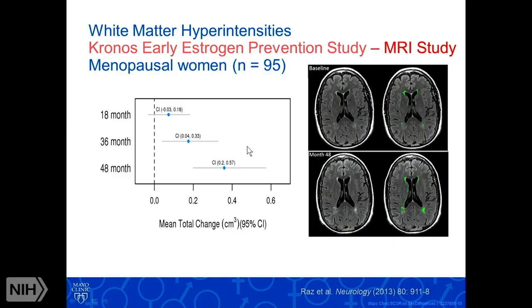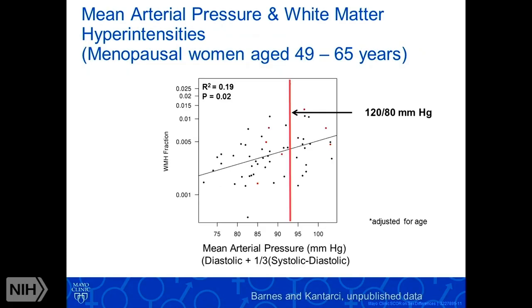The other amazing thing within this study, the Kronos Early Estrogen Prevention Study, was that these women were screened for their pre-existing cardiovascular risk factors, all of which were within the normative range. These were women at low risk for cardiovascular disease and had no calcium in their coronary arteries. So this was pretty remarkable to us, that this starts early.